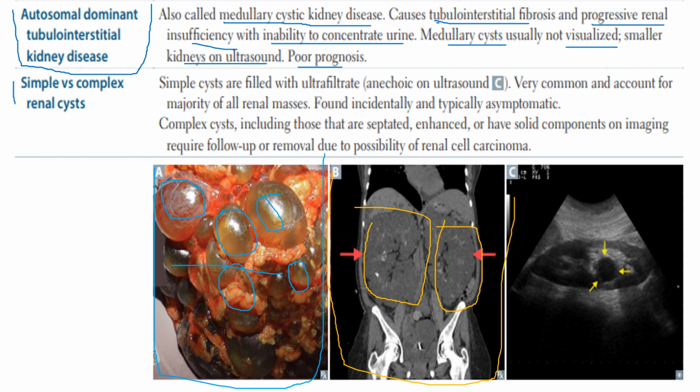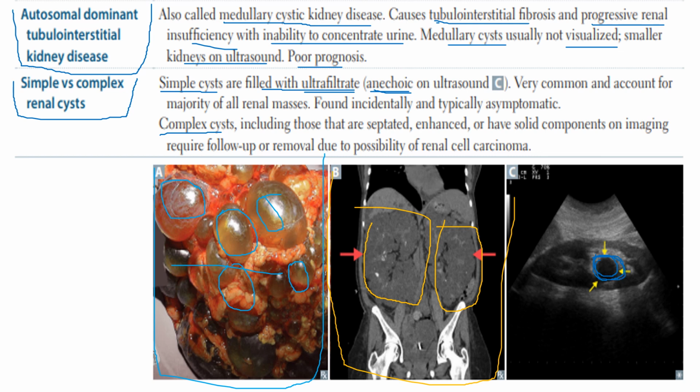Now, simple versus complex renal cyst. First we'll talk about the simple cyst, then the complex cyst. Simple cysts are filled with ultrafiltrate, which is known as anechoic on ultrasound, as you can see in this image.